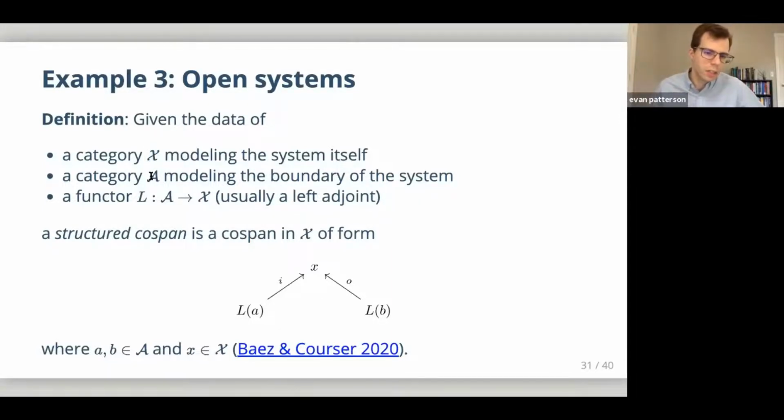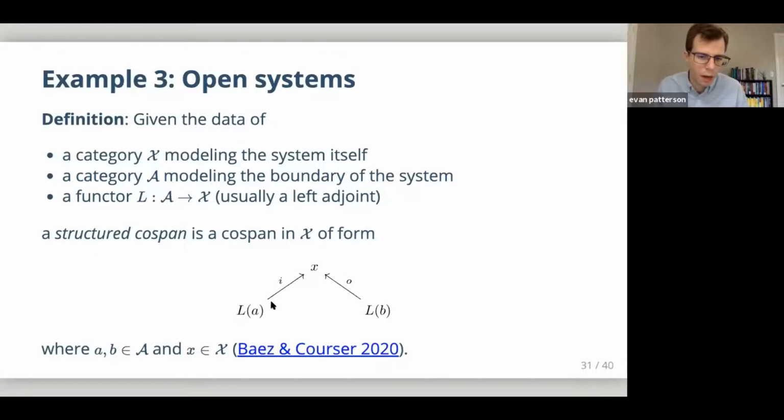And then there's another category A, which represents the boundary of that system. Usually the category A is somehow simpler than the category X because the boundary is just exposing part of the information that's in the system. And then there's a functor L from A to X, which intuitively says how the boundary fits into the system itself.